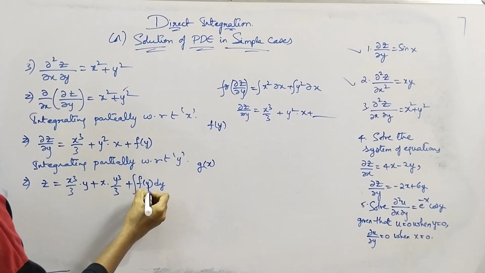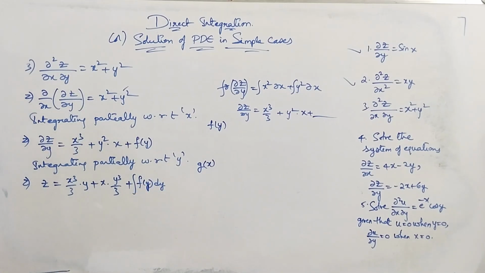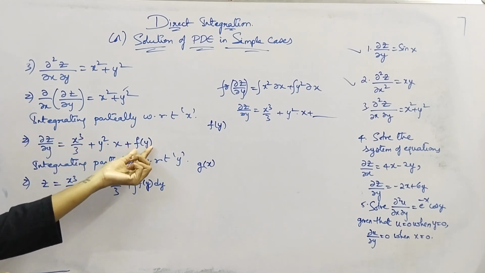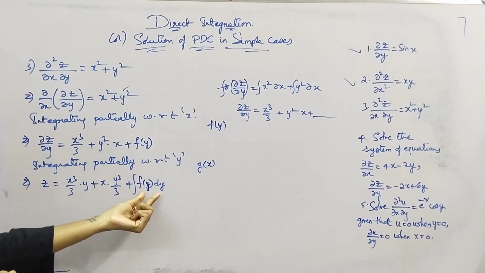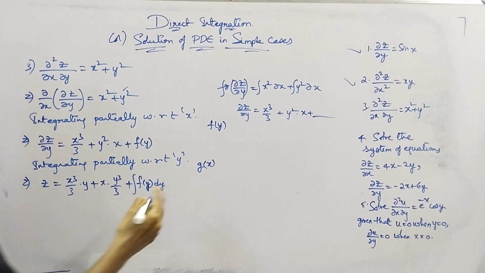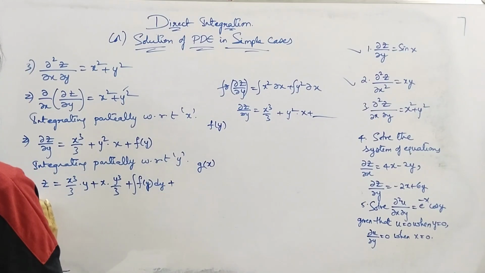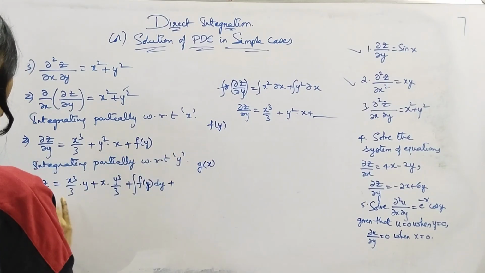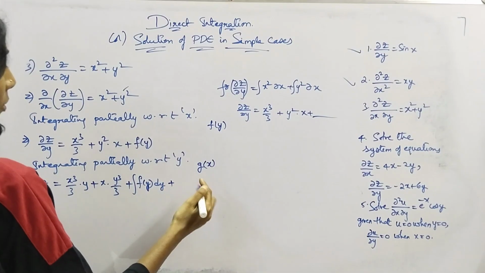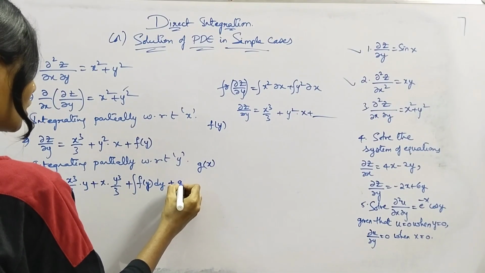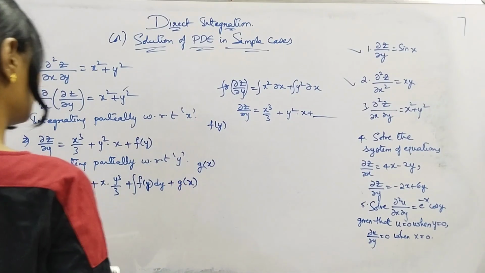Because here we are having only one variable, we can treat it as an ordinary differential equation, and you can write it as integral f of y dy. Fine. Plus, for this whole integration we have done, we'll get an integral constant, let it be g of x.